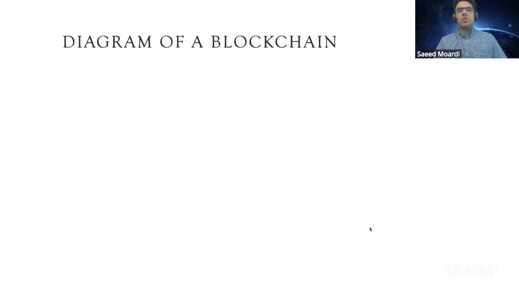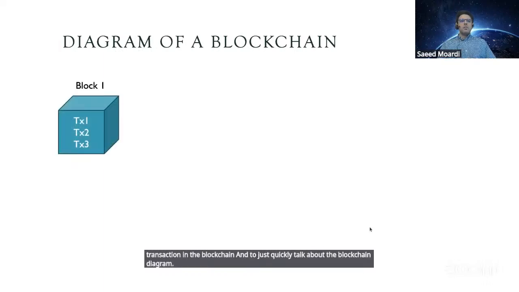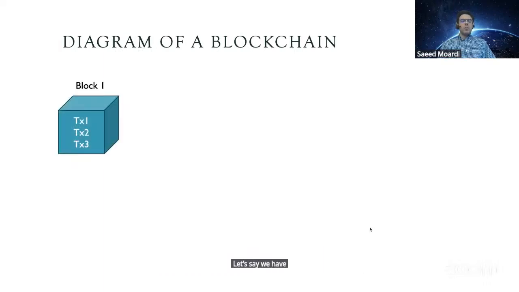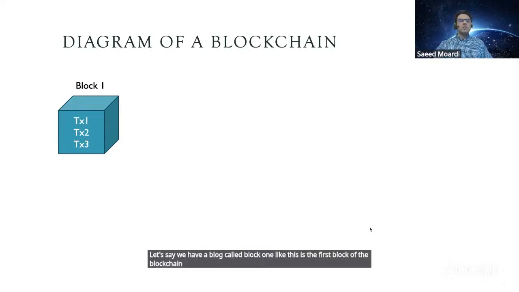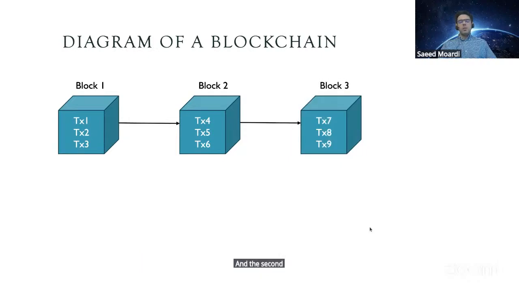To quickly talk about the blockchain diagram, let's say we have a block called block one. This is the first block of the blockchain, which hosts multiple transactions. This block is connected to the second block, which also stores multiple transactions, and the second block is also connected to the third block.